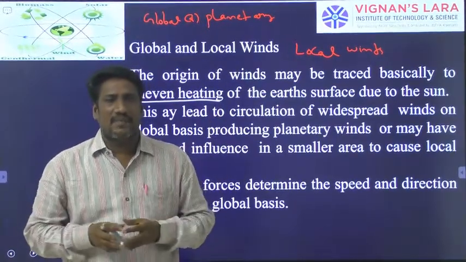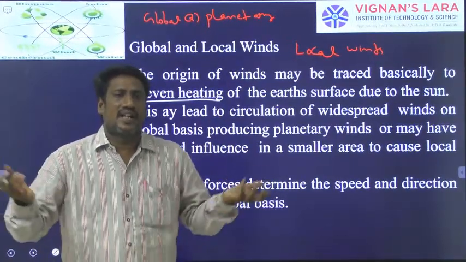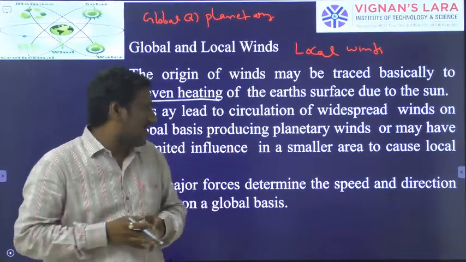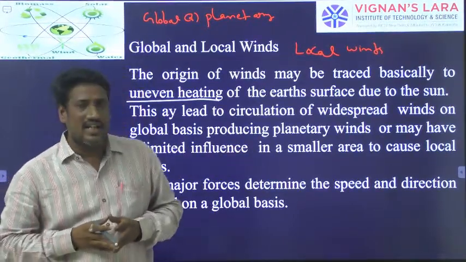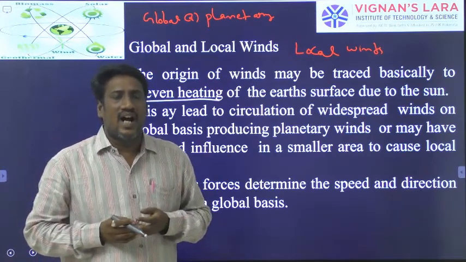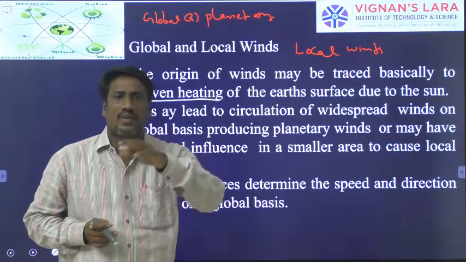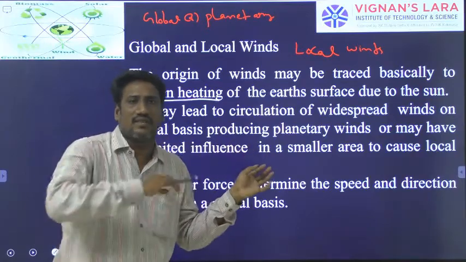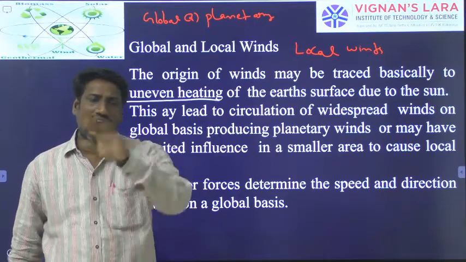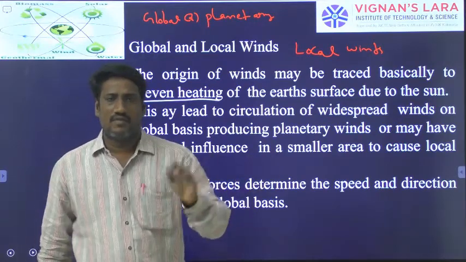Likewise, different places are heated to different temperatures because of this uneven heating on the Earth. So pressure differences are created, and the wind blows from the low temperature, cool area to the high temperature, hot area.